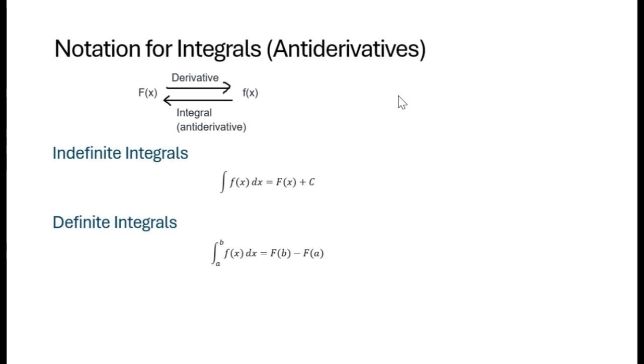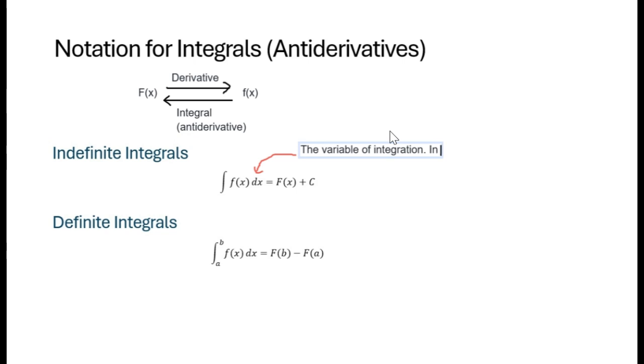Let's look at some general notation for the integral. The symbol for the integral is this elongated S. Then you're going to have the function that you're going to be integrating. And we're going to have this term dx. In this case, it is dx because the variable that we are integrating with respect to is x, and this is known as the variable of integration.